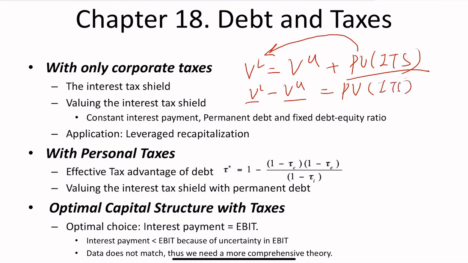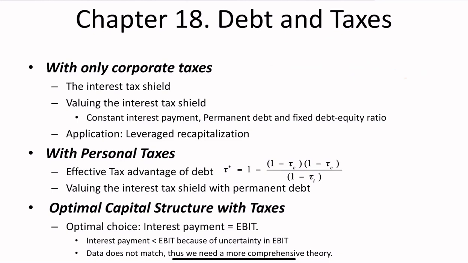And to be more specific, we discussed three cases. The first case is constant interest payment. This is easy, right? Because if interest payment is constant, and we generally assume the corporate tax rate stays the same, so you can imagine that interest tax shield will be constant across different periods.